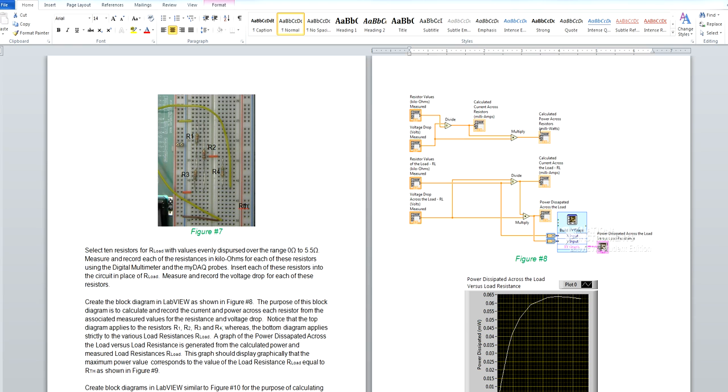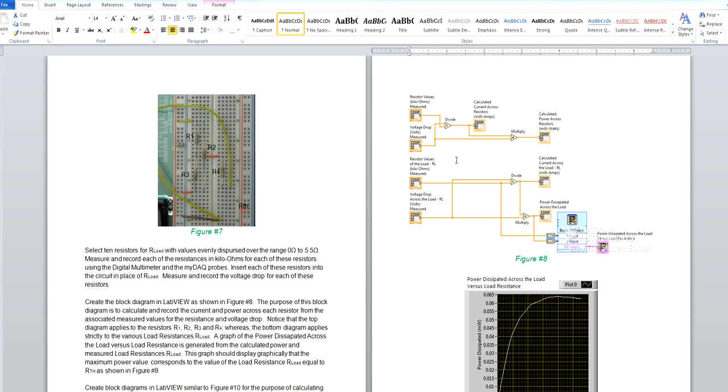The top diagram is the block diagram that you should be using, or I intend on you using, to manipulate the values associated with resistor 1, 2, 3, and 4.